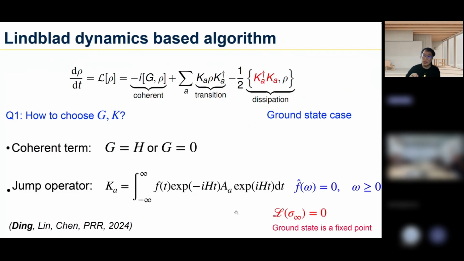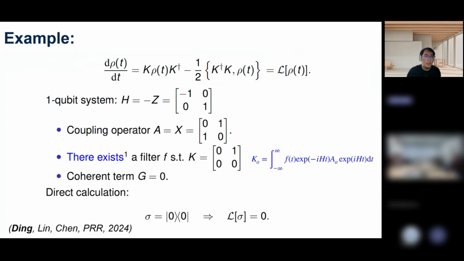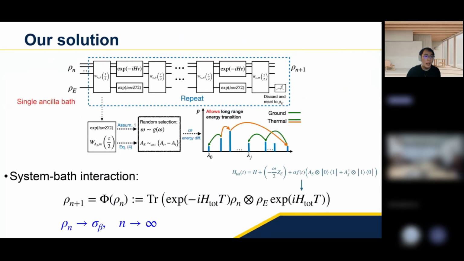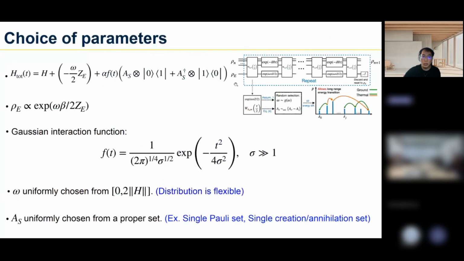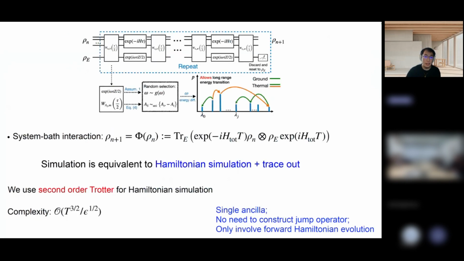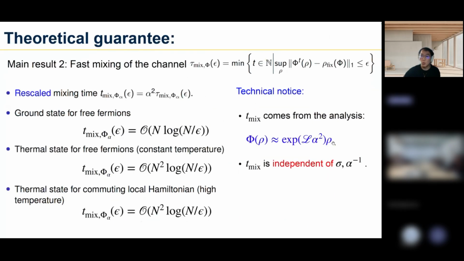However, in the weak system-bath interaction system, we don't need to construct this jump operator. As long as I choose my total Hamiltonian in this form, I will automatically have this jump operator when I do the approximation. Everything is automatic. I no longer need to construct these jump operators in my algorithm. This is the most important advantage of this new algorithm framework.